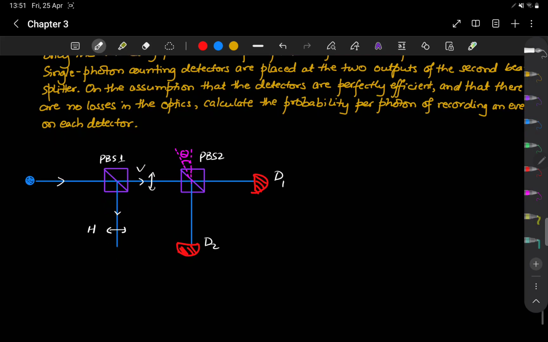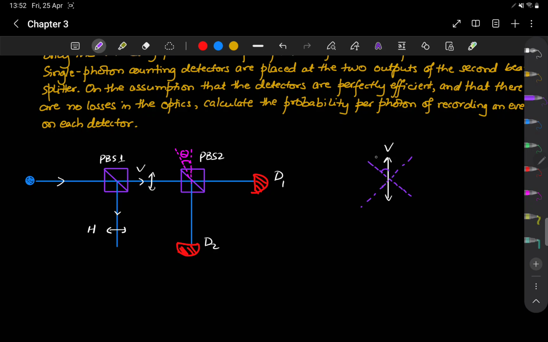So let me also draw the cross section of the polarizing beam splitter. The incoming light to polarizing beam splitter 2 is vertically polarized, whereas the axes of the polarizing beam splitter are at an angle theta.